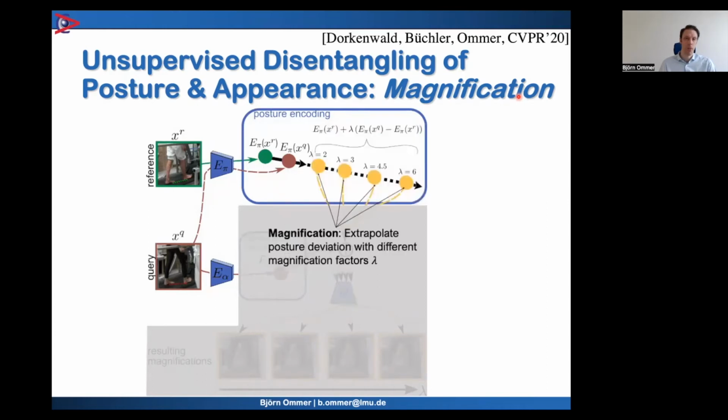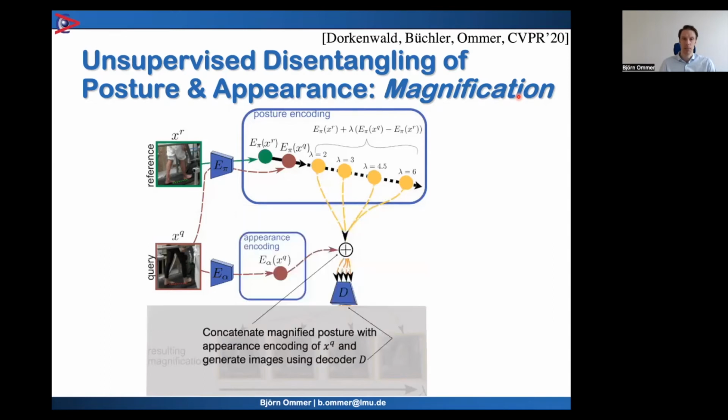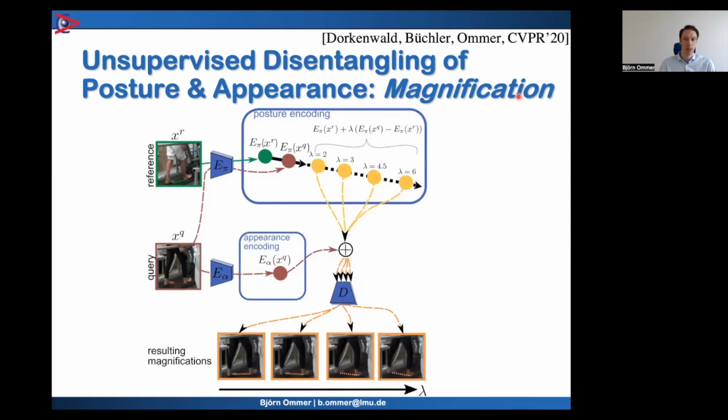That is, we magnify the characteristic deviations in posture between query and reference. And then we can take this magnified posture and recombine it with the query appearance to render the subject in the query with its characteristic deviation from the reference being magnified, but the appearance taken from the query, so that it's directly comparable with the original query frame.